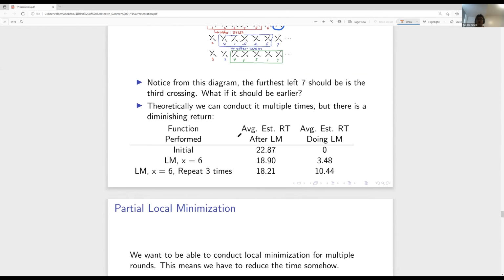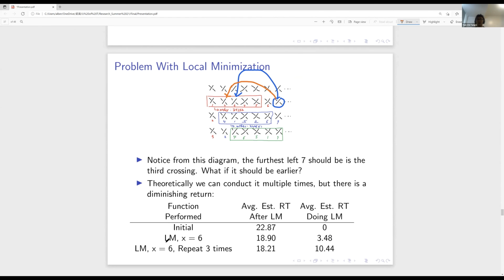And then I also conduct linear optimization, so this shuffling process once, and then 0 times, 1 times, 3 times, and then we will need to add the time it takes to shuffle to the estimated amount of time it would take to calculate the Kauffman bracket. And we'll see if we shuffle it once, we will probably be able to reduce the overall time we need to spend. But if I shuffle it 3 times, then the time actually increases to a point where it becomes kind of a moot point to even consider shuffling it 3 times.